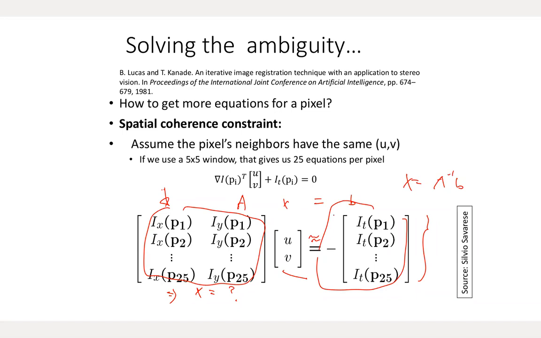Anyone remember that this is essentially the same as, when we write this, we want to find x such that Ax is equal to b. Of course, we cannot really find that when A is a tall matrix like this, with more equations than unknowns.